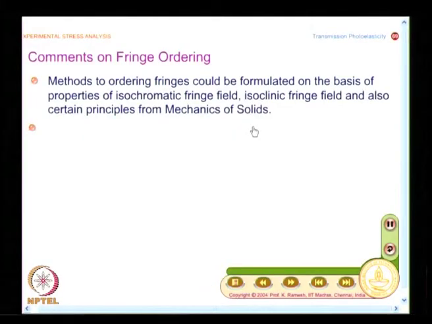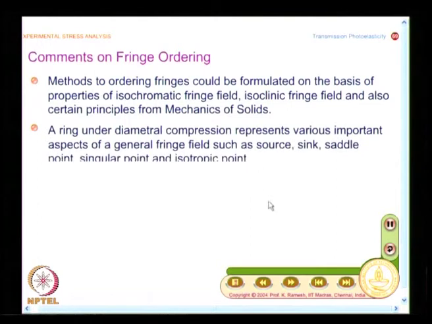So, what I need to do is go and see what are all the properties of isochromatics, what are all the properties of isoclinics, and I am going to take the problem of a ring under diametral compression to illustrate the properties of the isochromatic fringe field as well as the isoclinic fringe field. And even before we look at those properties, let me list only the names. I am not going to explain them. I want you to look at the fringe pattern and try to figure out yourself.